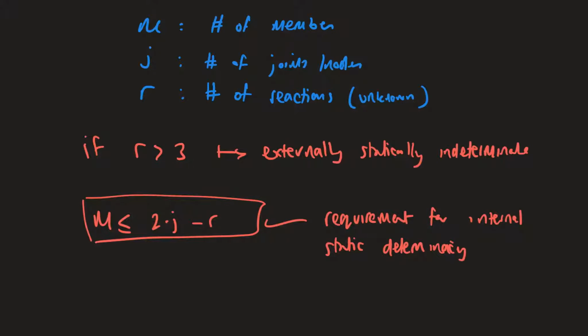This is the requirement for internal static determinacy: as long as m is less than or equal to 2 times the number of joints minus the reaction forces, that allows us to solve for all of those internal forces using the force method. So we're going to focus on this one first off.